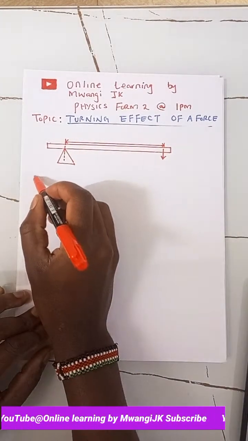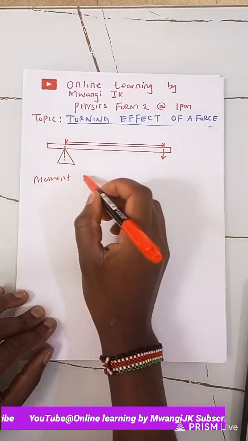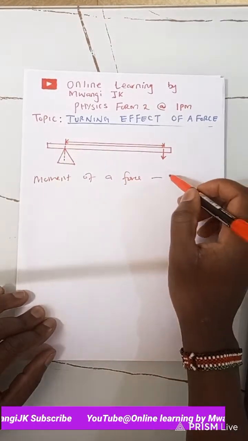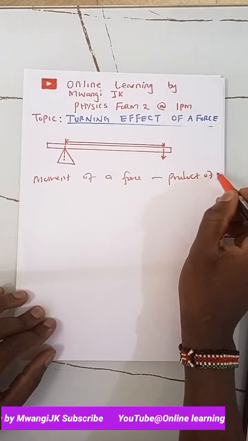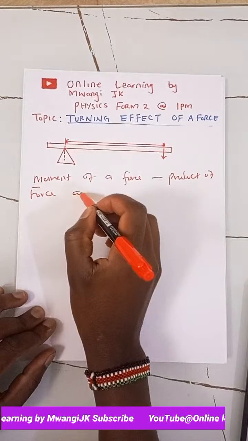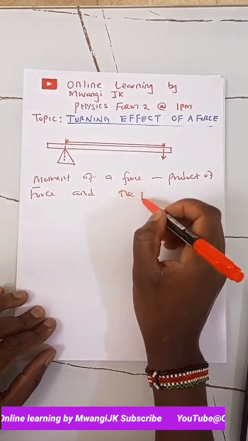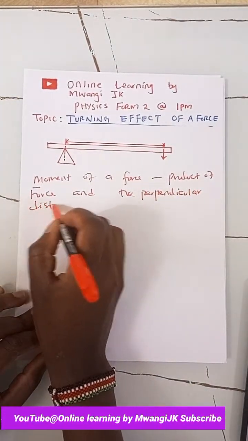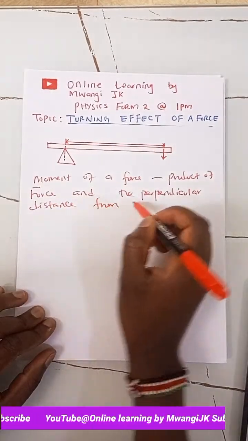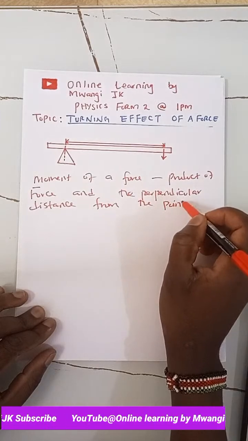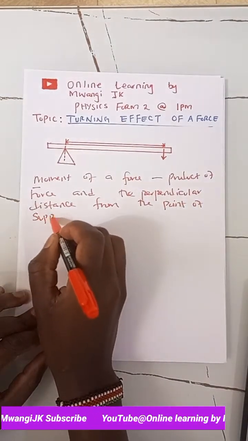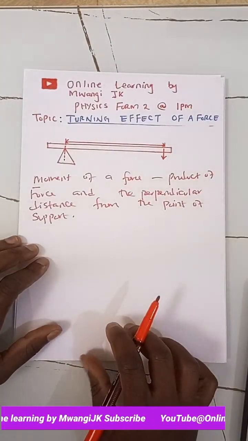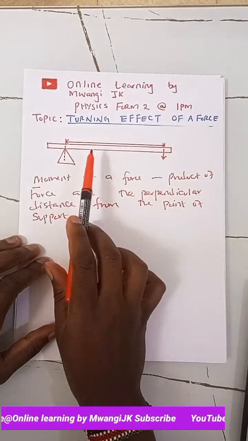Moment of a force: the product of force and the perpendicular distance from the point of support. Taking a case, for example, the diagram I have here.